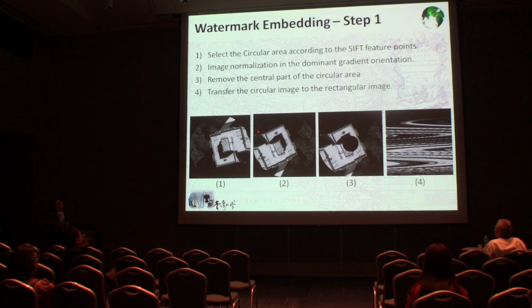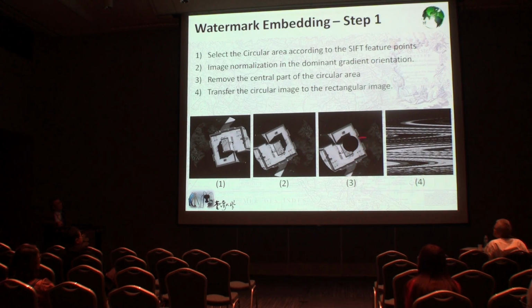So step 1 of the watermark embedding is to decide the circular area, and then we rotate the image according to the gradient directions. This means the image is normalized.